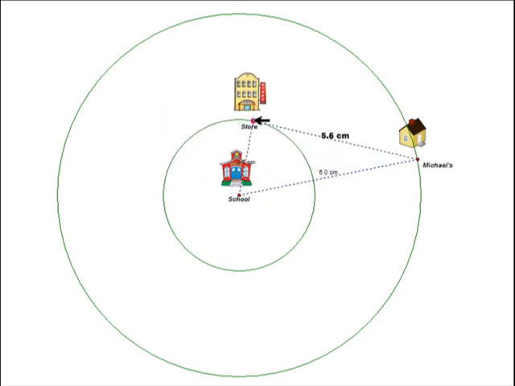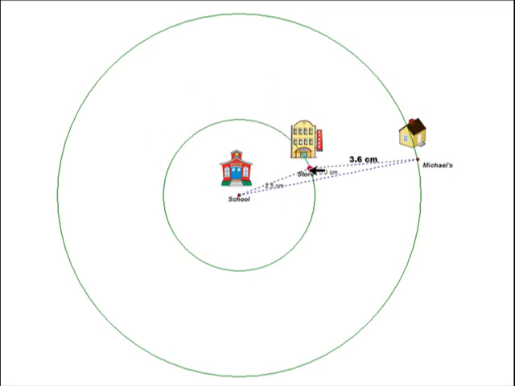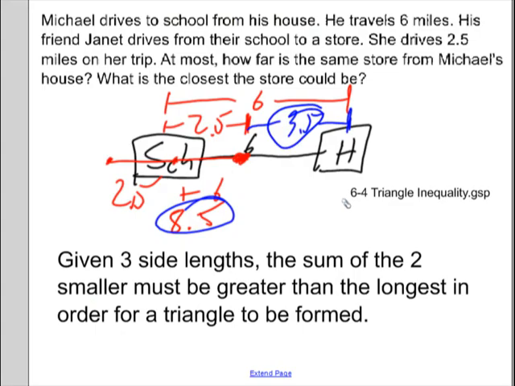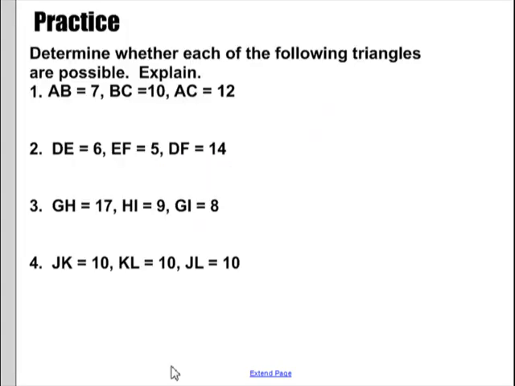If we move on the other side of things, now I'm looking at the 2 shortest sides of the triangle, the 2.5 and the 3.6 in this case, and they do add up to more than 6, because 2.5 plus 3.6 is 6.1. But if they're right on that straight line, if they're exactly equal, so if the 2 shorter ones, 2.5 plus 3.5 equals 6, it doesn't make a triangle anymore.